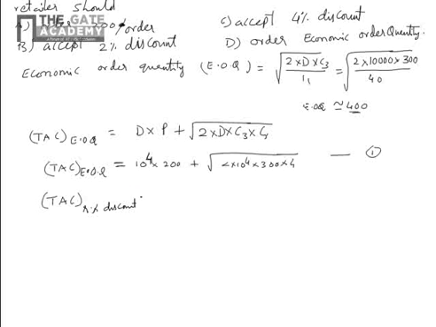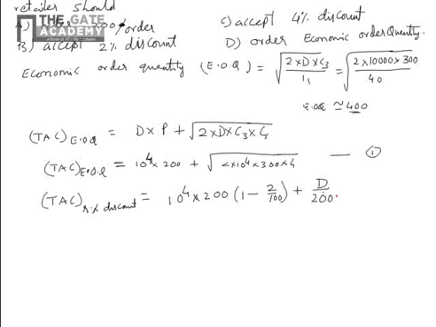Take Q 1000, equal to 10 power 4 into 200, into 1 minus 2 by 100, plus the ordering cost for D by Q, where Q is 1000 for this case and 2000 for the next.